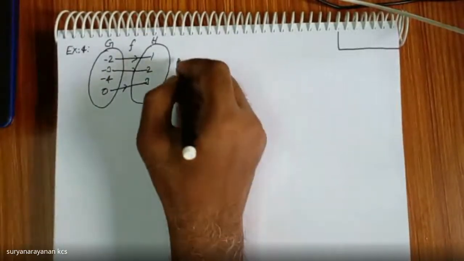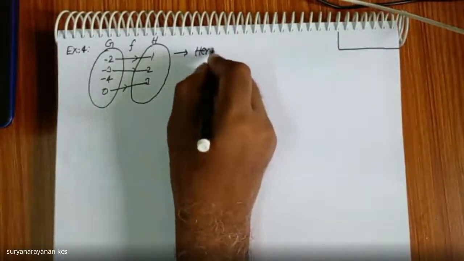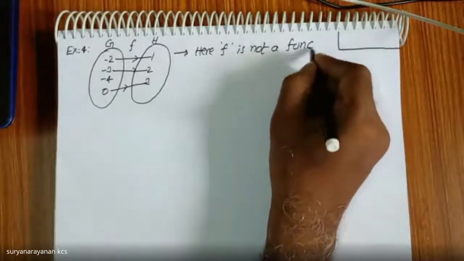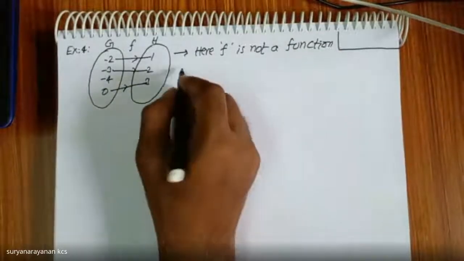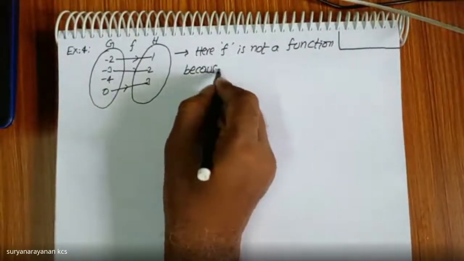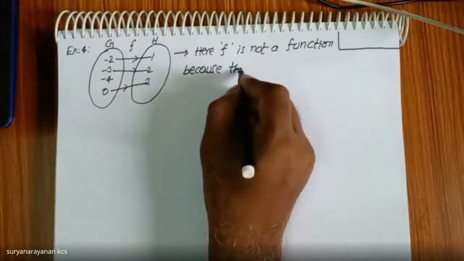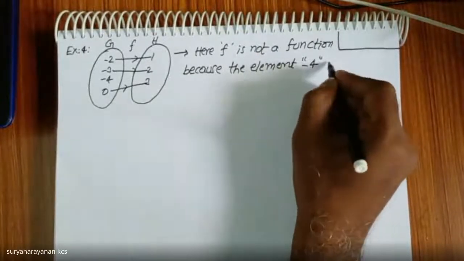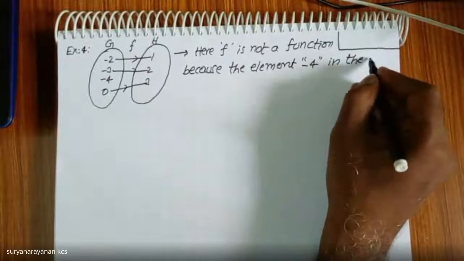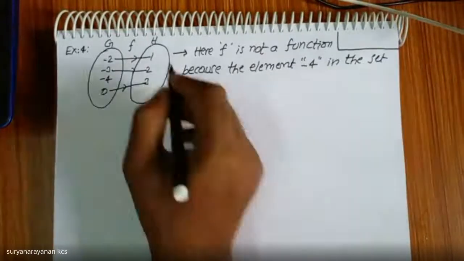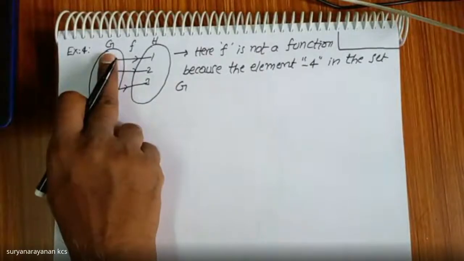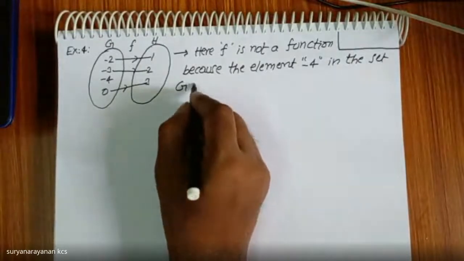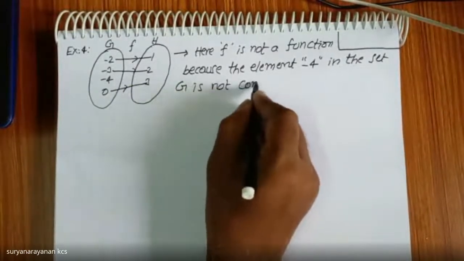Here f is not a function because the element -4 in the first set, or in the set G, is not connected. Here the first set is G. Name of the first set is G. In the set G, -4 is not connected.